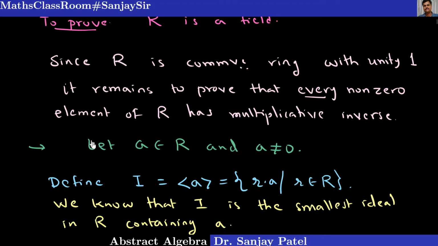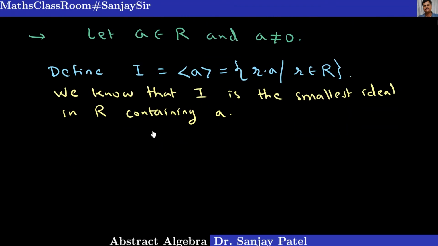So we know three things about this set: it is an ideal, it is the smallest ideal which contains the element a, and it means a belongs to I.